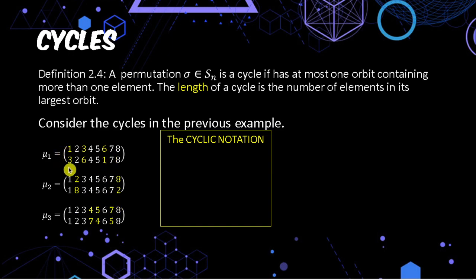So instead of writing this one this way, because it's a cycle, we can use what we call the cyclic notation. And so if we're going to write it in cyclic notation, the same cycle can be written as simply (1 3 6).